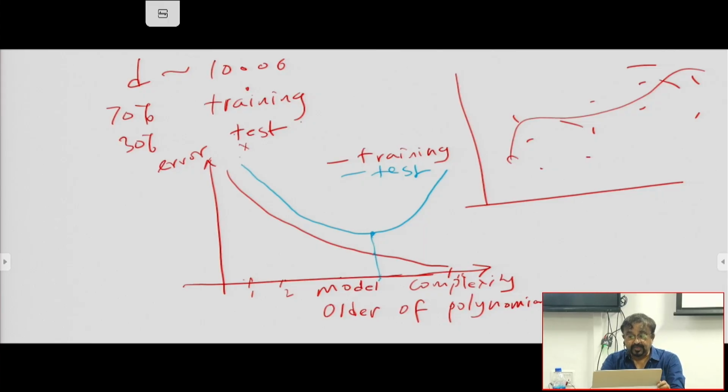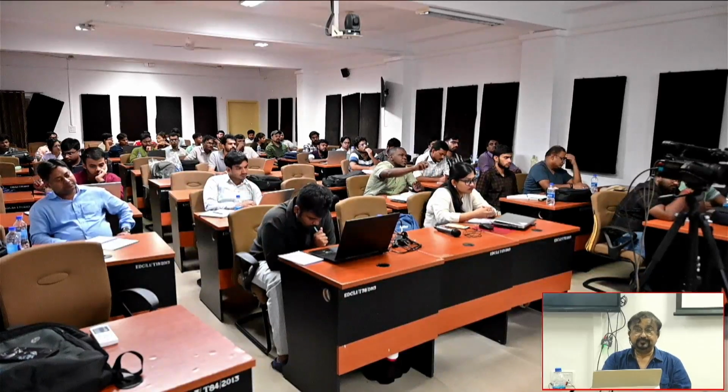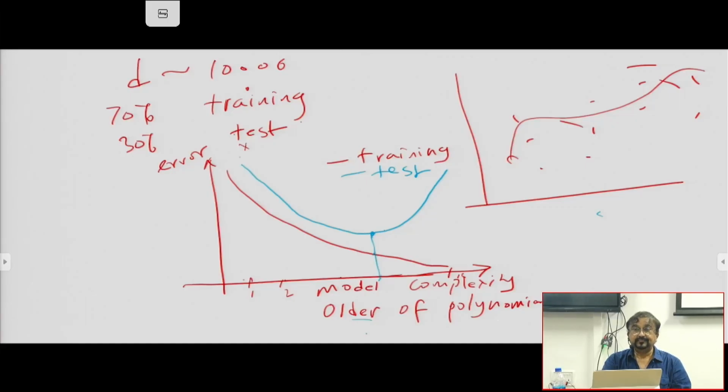So here our hyperparameters are model parameters like the model complexity and also the regularization weight. Okay? So what I did here is I look at the data. 70% I'm using for training. I'm keeping the rest for testing. So I'm fitting my lines on 70% of the data.